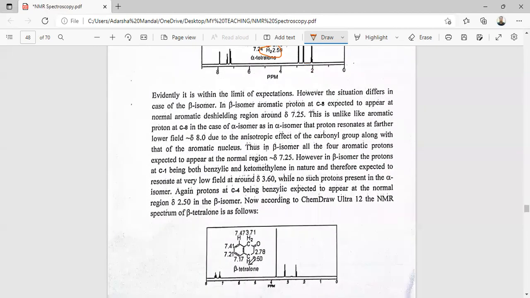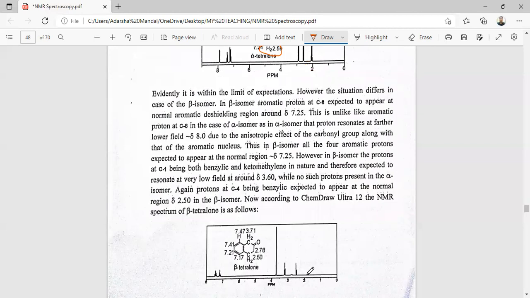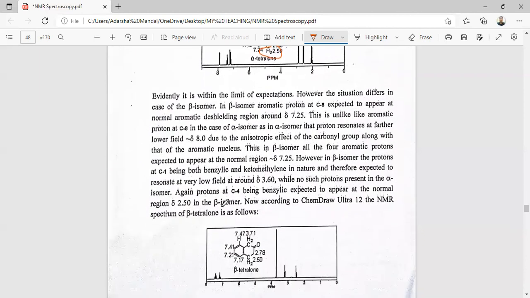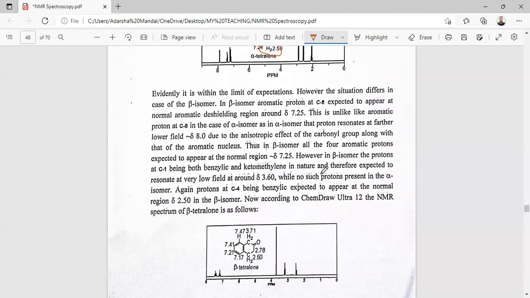Thus, in the beta isomer, all 4 aromatic protons are expected to appear in the region at 7.25. However, in the beta isomer, the proton at C1, being both benzylic and ketomethylene in nature, is expected at 3.60, while in the alpha isomer the C4 proton in the benzylic position is expected to appear normally at 2.50.